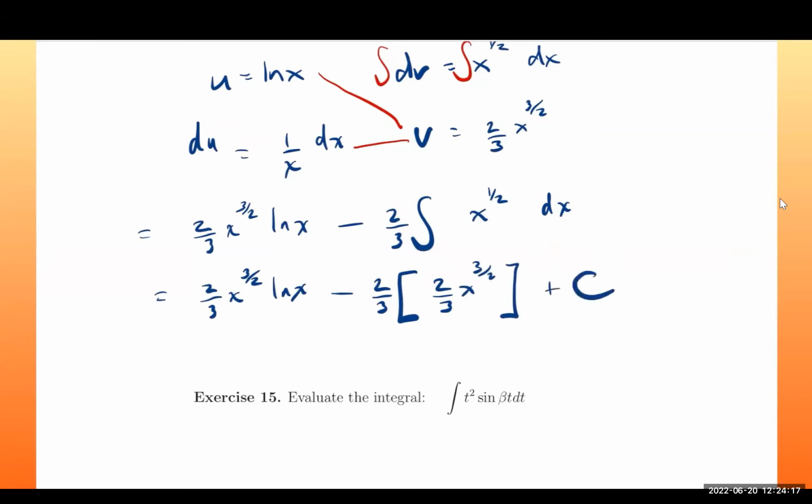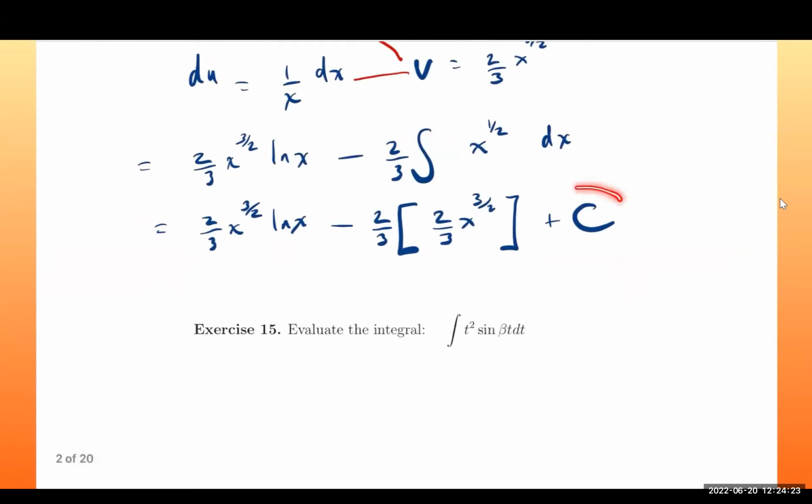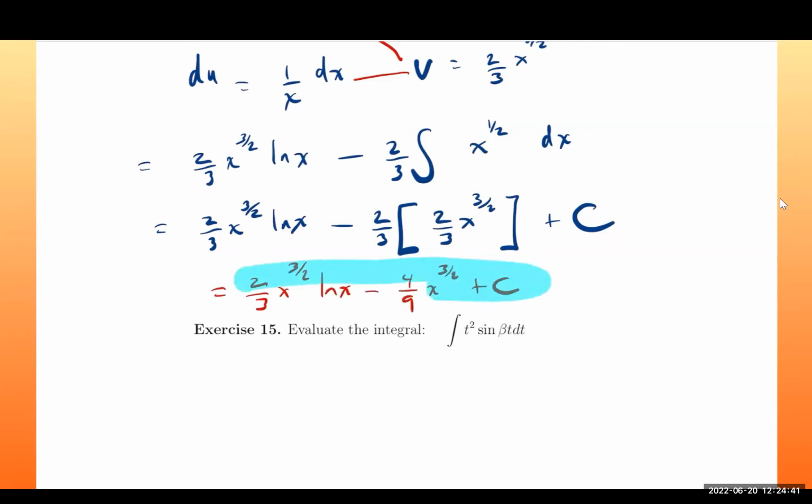And don't forget the constant of integration is always at the end, plus c, because we're integrating, and there's no limits. So that's why we have to include the constant of integration. Now we can simplify that, and so the final answer will look like this: 2/3 x to the 3/2 ln of x minus 4/9 x to the 3/2 plus c. And that will do it.